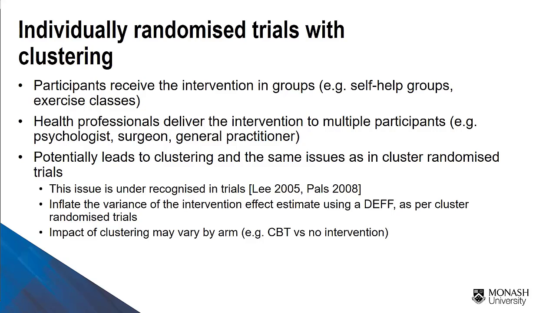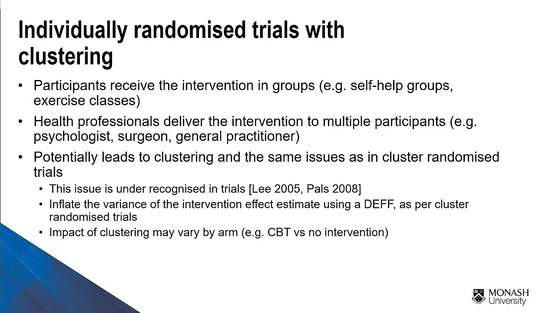This potentially leads to clustering with the same issues as were identified in cluster randomized trials. This is an issue that has been under-recognized in trials, but again in a systematic review, we can deal with this by inflating the variance of the intervention effect using the design effect, using similar methodology as we do for cluster randomized trials.